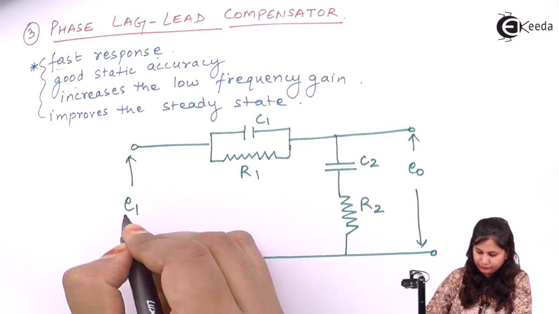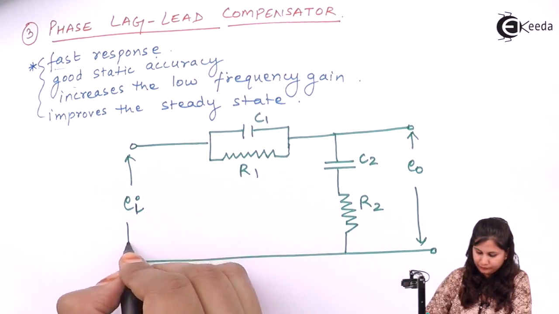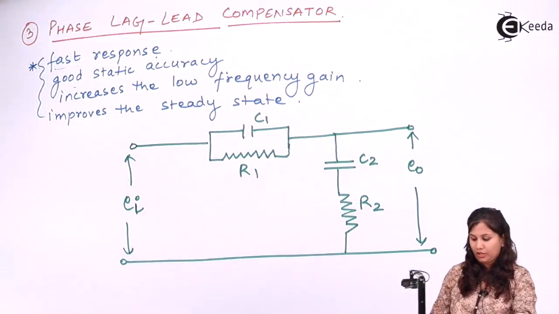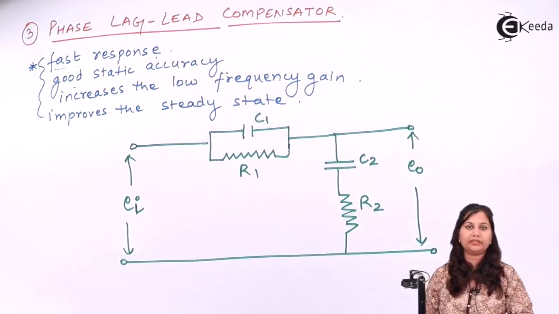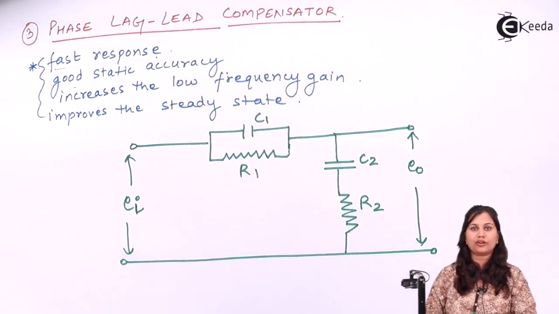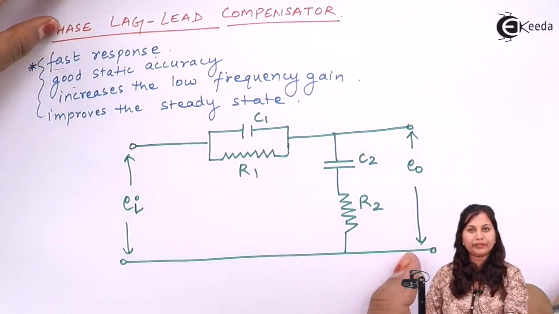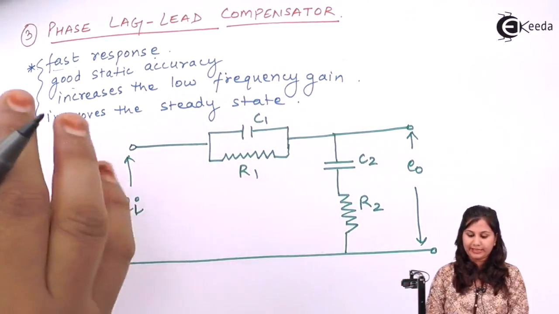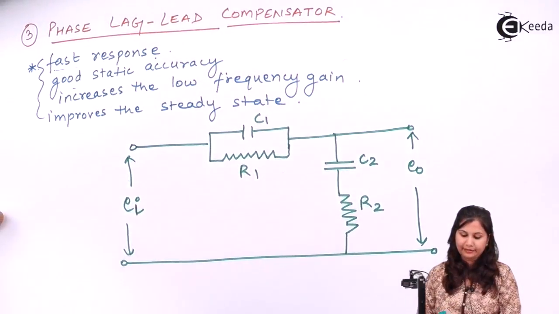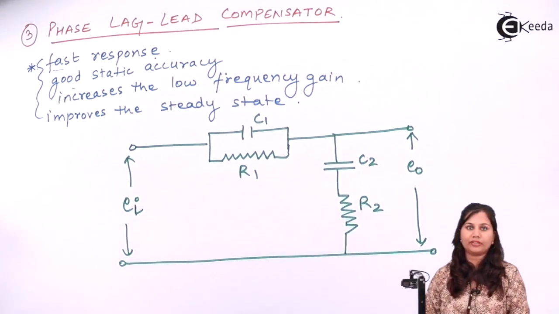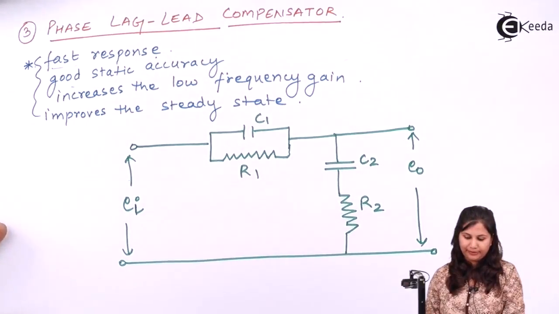As it is the combination, its transfer function will be the product of the transfer functions of the phase lag and the phase lead network. We have already obtained the transfer function of phase lag and phase lead network. We will just multiply them and then we will obtain the transfer function of this phase lag lead compensator.